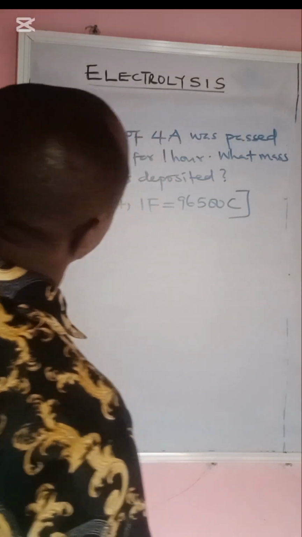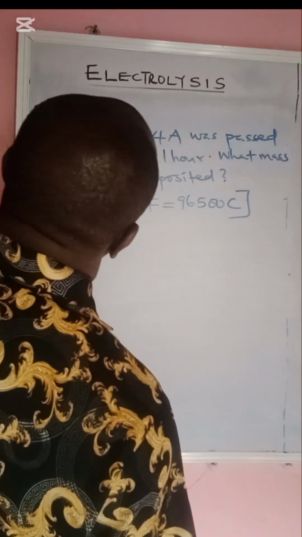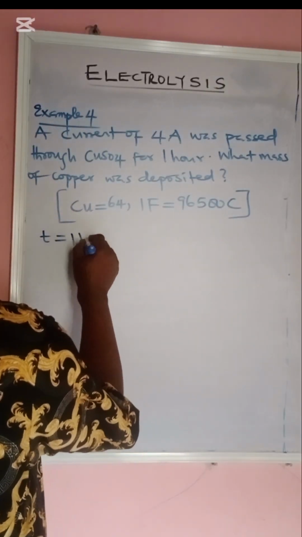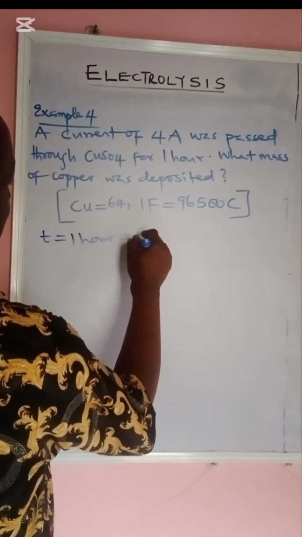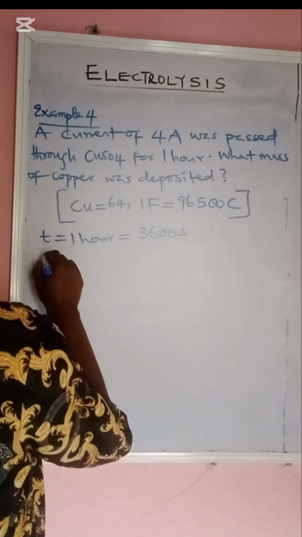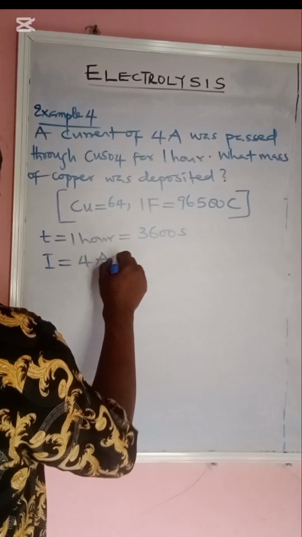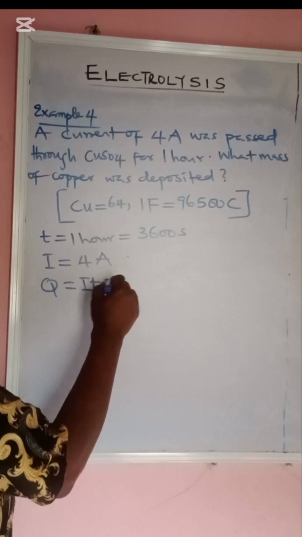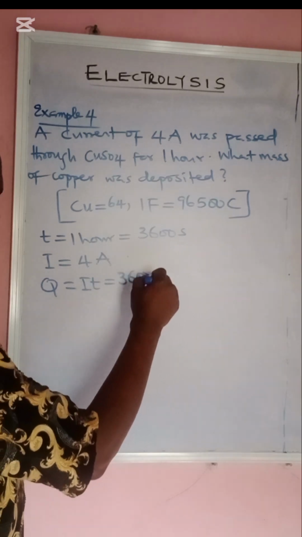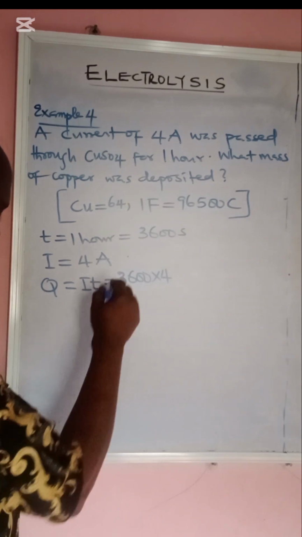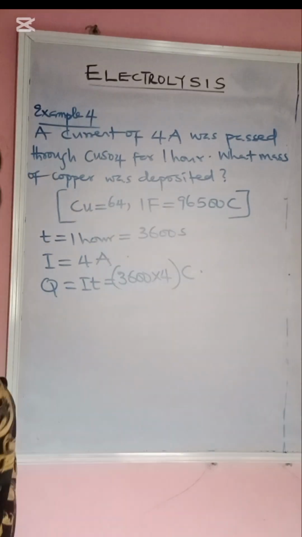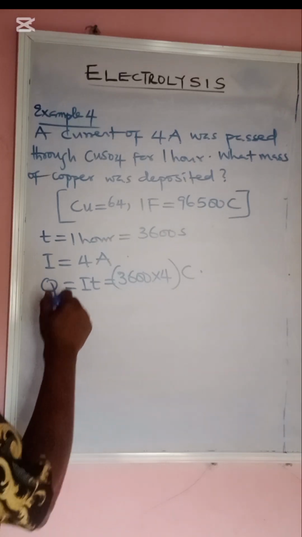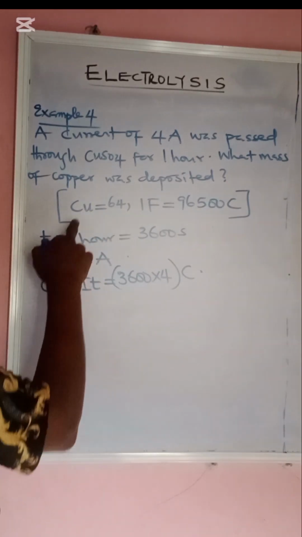So we have time given to be 1 hour. Convert to 3,600 seconds, while I is equal to 4 ampere. So Q is equal to IT, 3600 times 4. Leave it like that, in coulomb. Copper is divalent, so it will carry 2 Faradays.